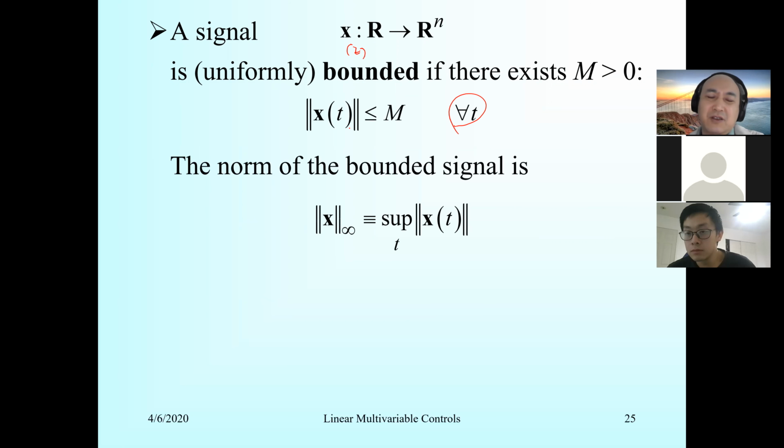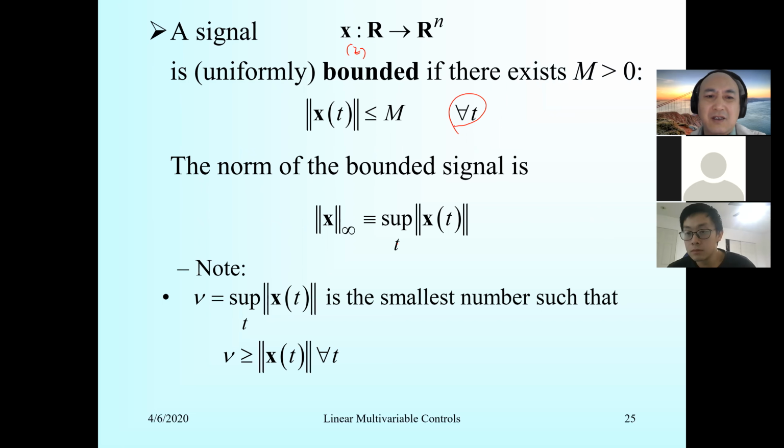So the norm of the signal, for all T, is the supremum of the norm of X of T. Nu is the smallest number such that this is greater than X of T. Of course, you can say this infinity is also true, okay? But we need to check the minimum nu.